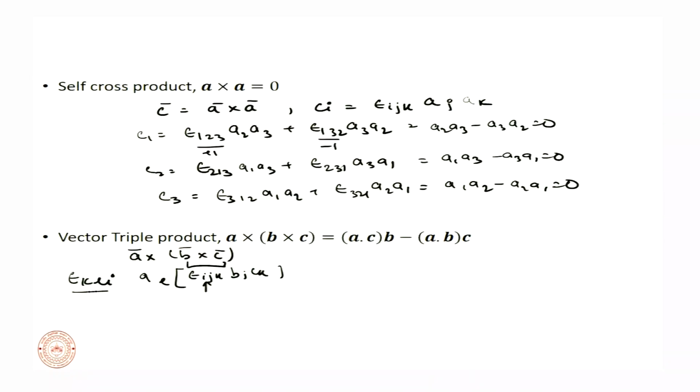So what we are getting at is that we have 2 epsilon terms, that is 2 permutation tensors, and we have a property for that.